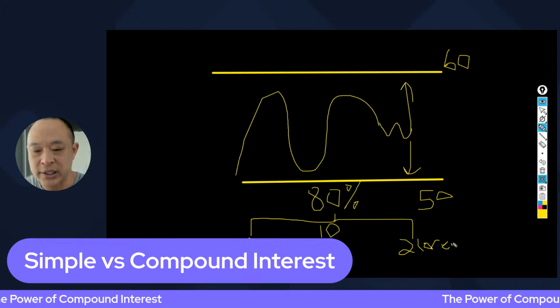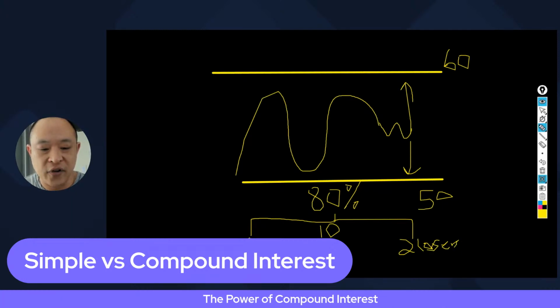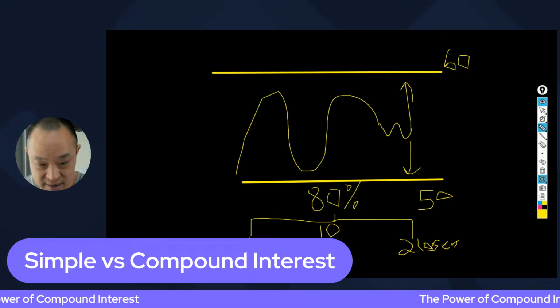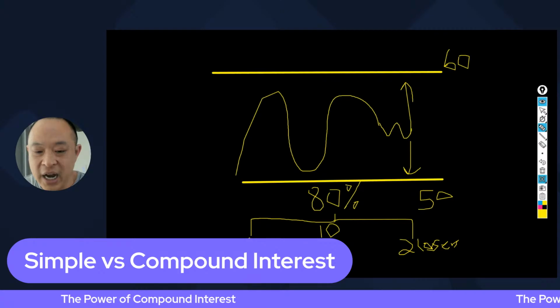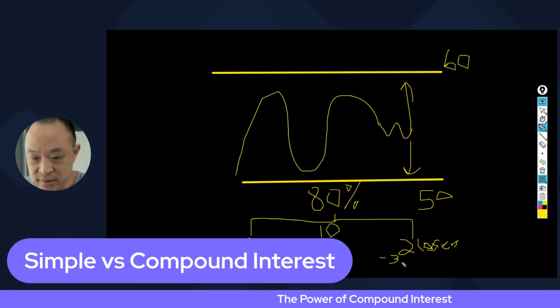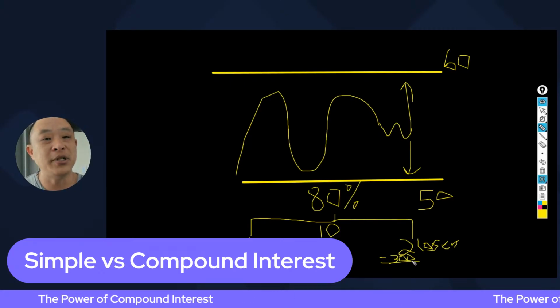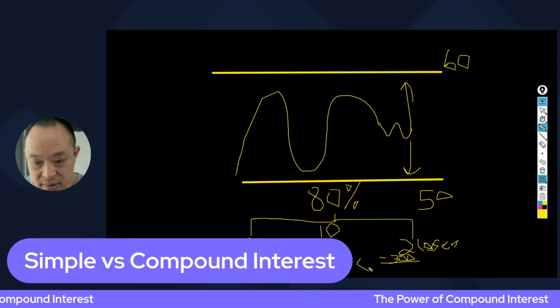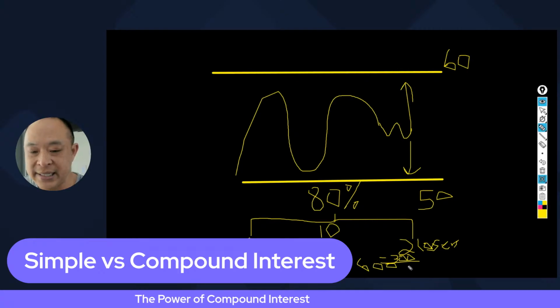So watch, look at how the math works out. If I make $100 every time I'm right, 8 times 100 is a total of $800 of profit. But every time I'm wrong, I'm going to lose $300. If I'm wrong 2 times, I just lost $600, but I made $800 on the 8 times I was right.